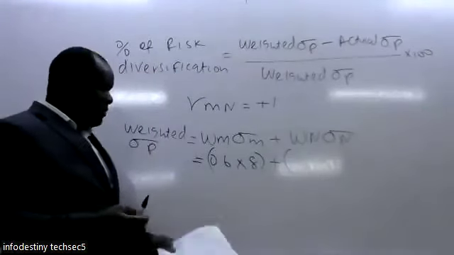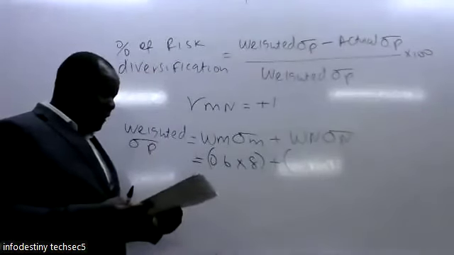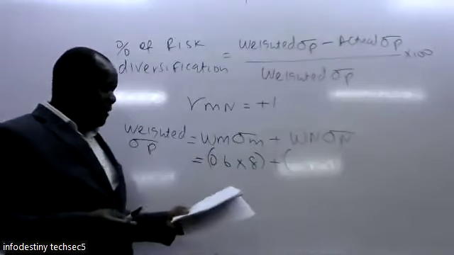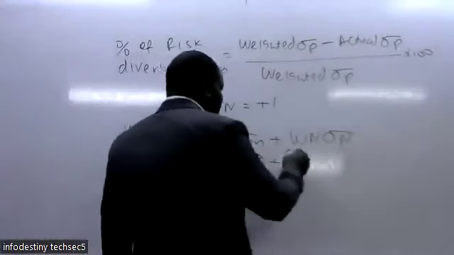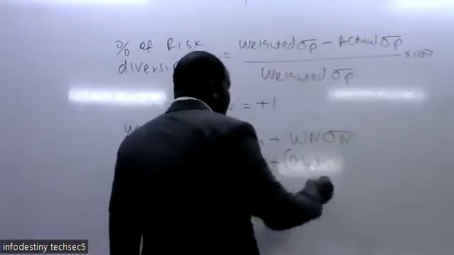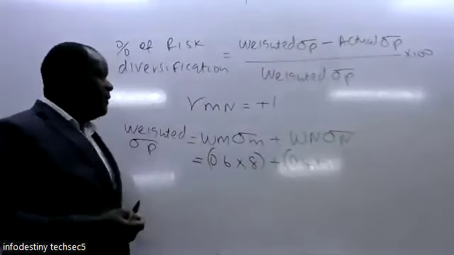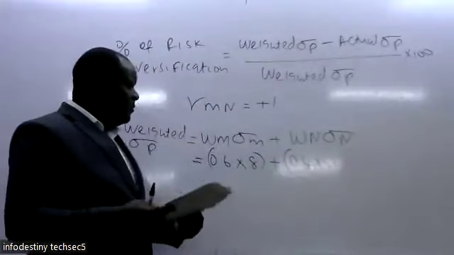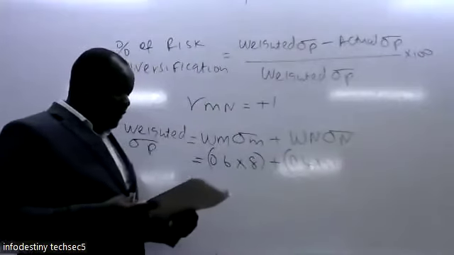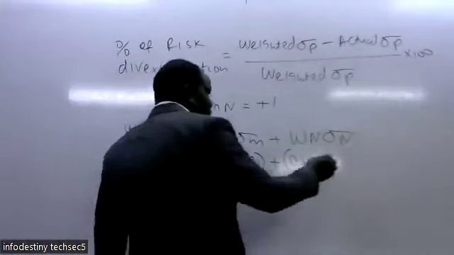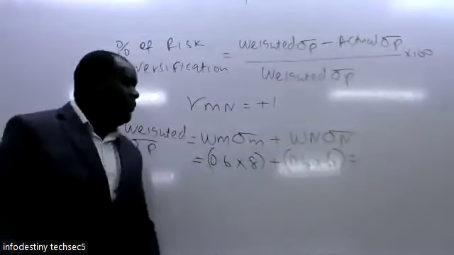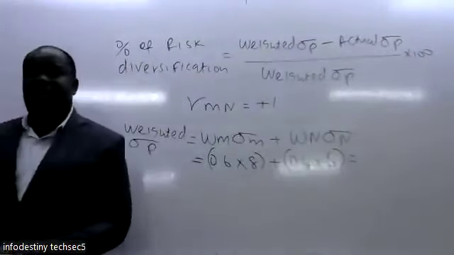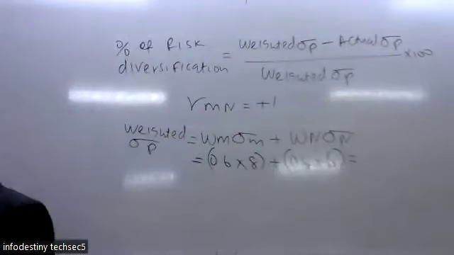Then also, to get the weight for N, you take 0.8 million divided by 2 million. Remember, it was 0.4. The standard deviation has been given as 6. So you add them together, and they will give you the weighted standard deviation for the portfolio.